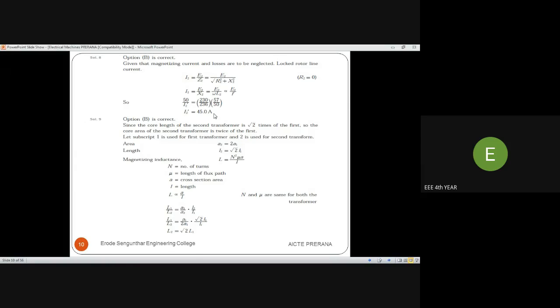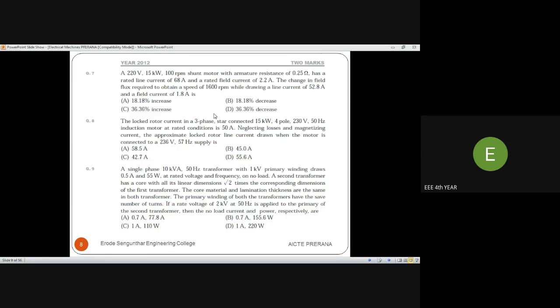The next question, number 9. This is a single phase 10 kVA 50 Hz transformer with 1 kV primary winding. It draws 0.5 ampere and 55 watts at rated voltage and frequency on no load. A second transformer has a core with all its linear dimensions root 2 times the corresponding dimensions of the first transformer.